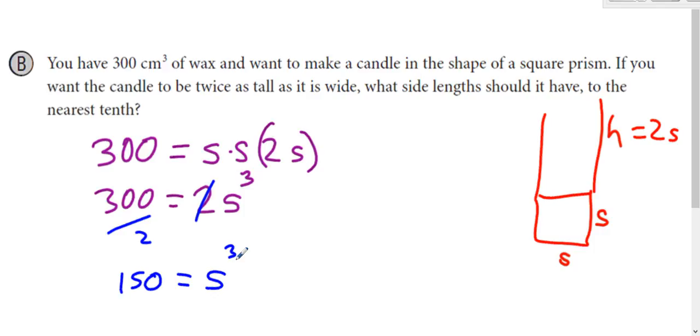And then to get rid of that exponent of 3, we're going to do 1/3 on the other side. Make sure you put it in parentheses for your exponent.